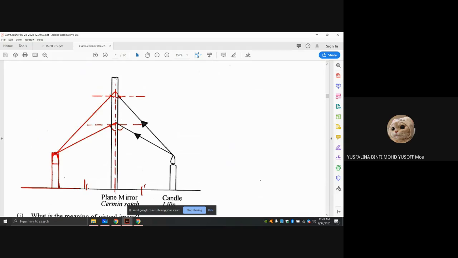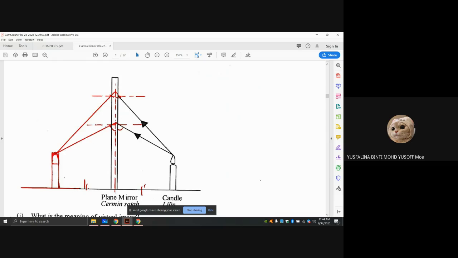Then we draw the line within the center of the mirror, so you know where the light will be reflected. So until it reaches the center, I already made the line here. Until it reaches here, it will reflect like that.